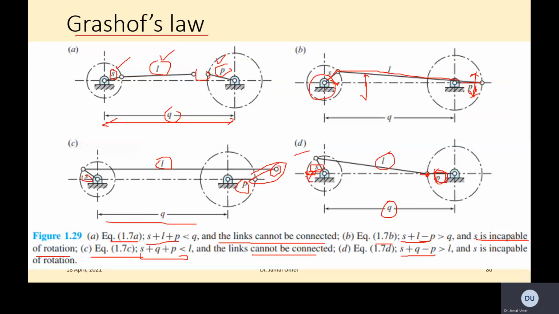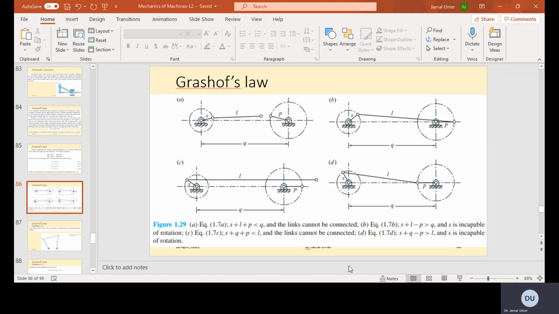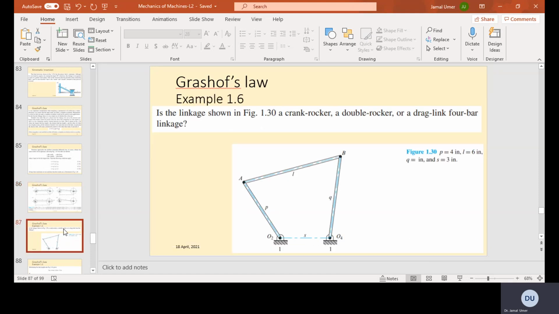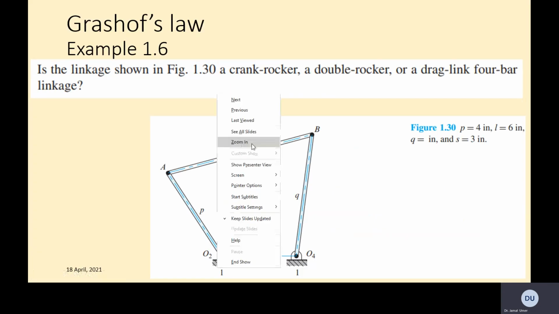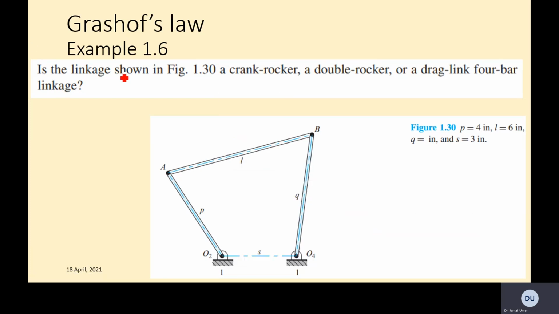So next, we have an example. This is example 1.6. Is the linkage shown in figure 1.30 a crank rocker, a double rocker, or a drag link 4-bar?